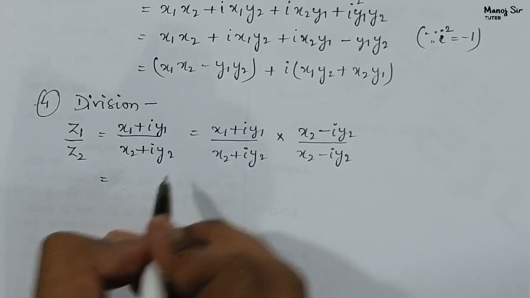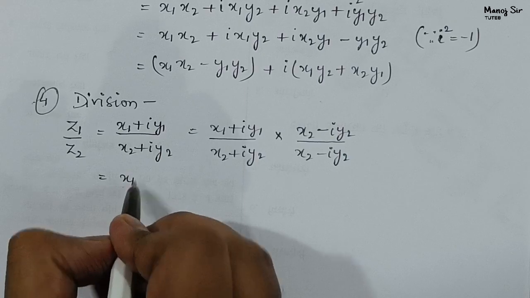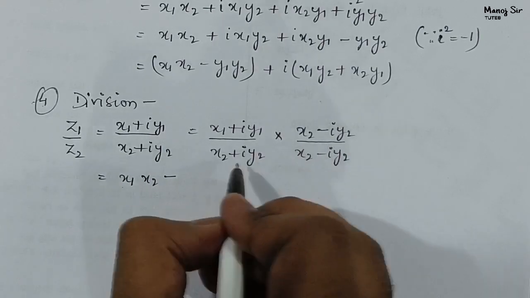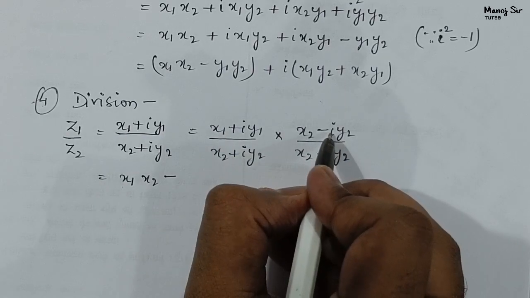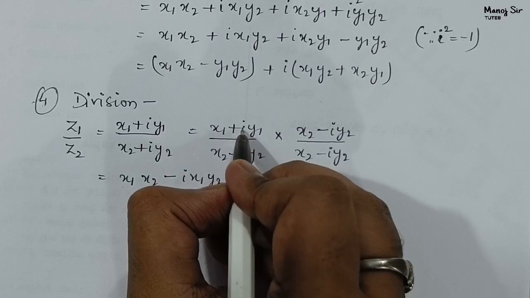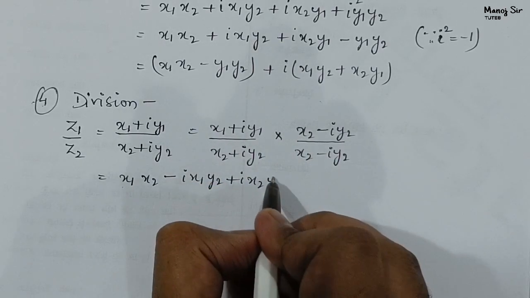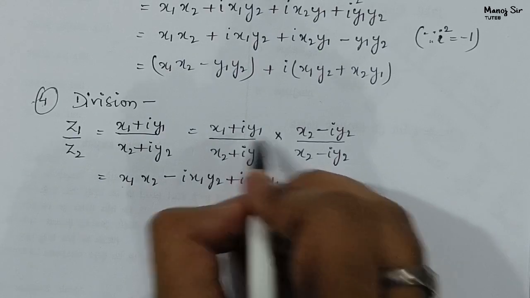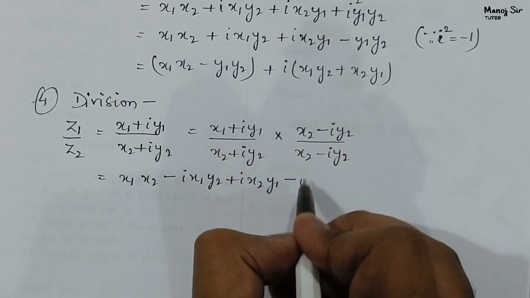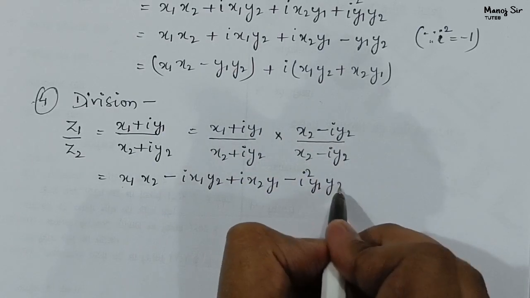Multiplying the numerator part, you will get x1 x2 minus I x1 y2 plus I x2 y1, and here we have minus, plus minus minus I square y1 y2.